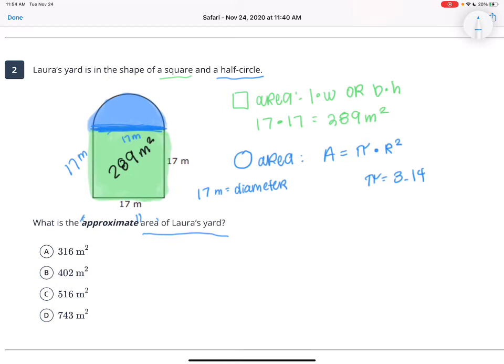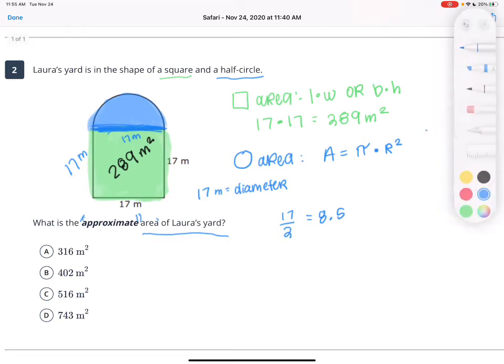If you guessed that we need to divide the diameter by 2, you are absolutely correct, because the radius is half of the diameter. So when I divide 17 by 2, I should get 8.5. Correct. Let me write my notes a little better so you guys can understand, because neat notes make the best notes.